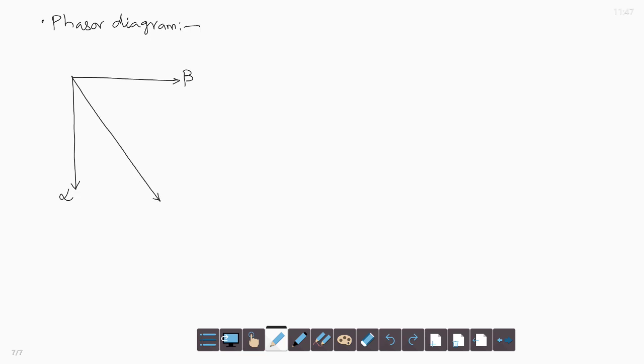Then let us see the phasor diagram. We have the beta axis horizontally, alpha axis at 90 degrees. This is the d axis.